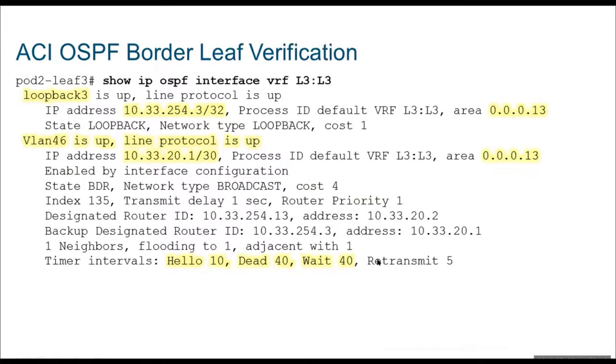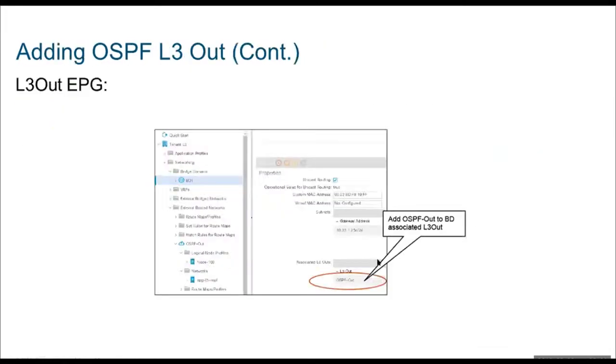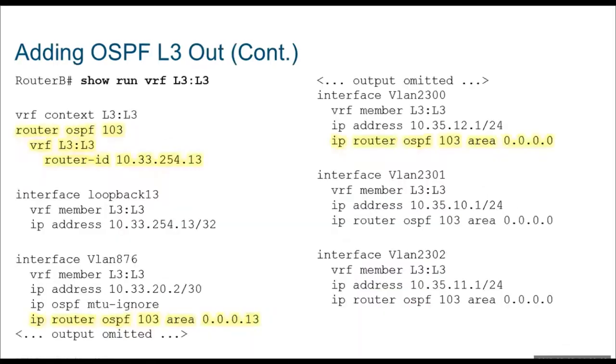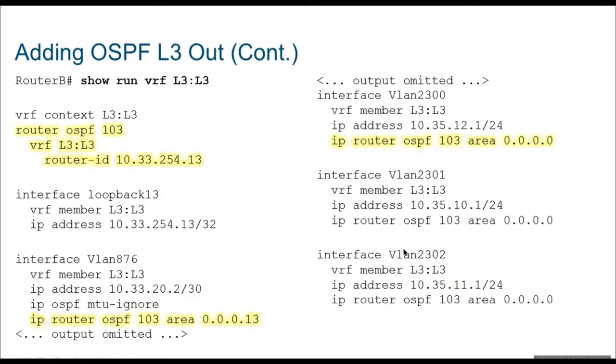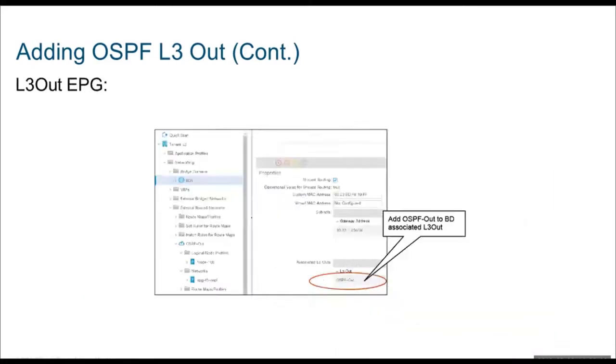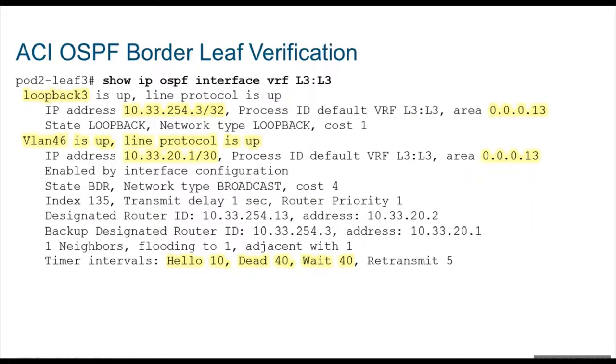Yeah, on the border leaf, which is my border leaf in this diagram, back here, leaf 3, we're going to go ahead and do the regular OSPF commands. Verify the interface, get my area ID, my interface type, network type for OSPF is broadcast, my hello, dead, wait timer.